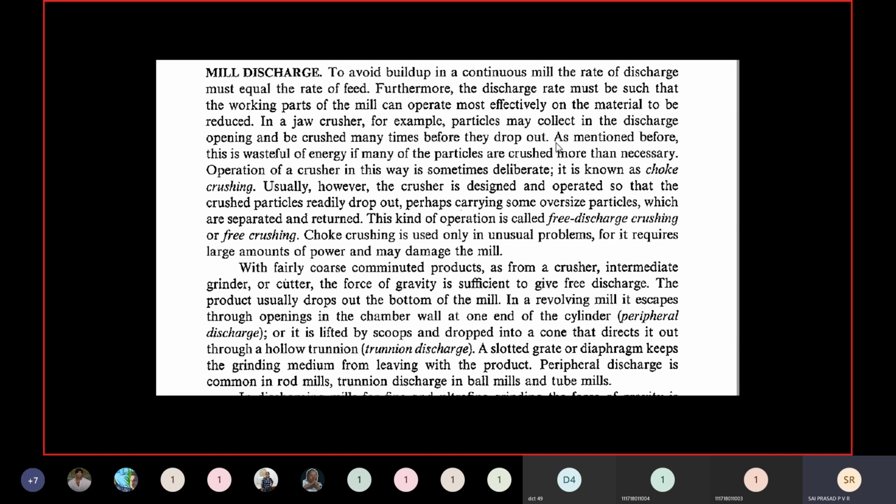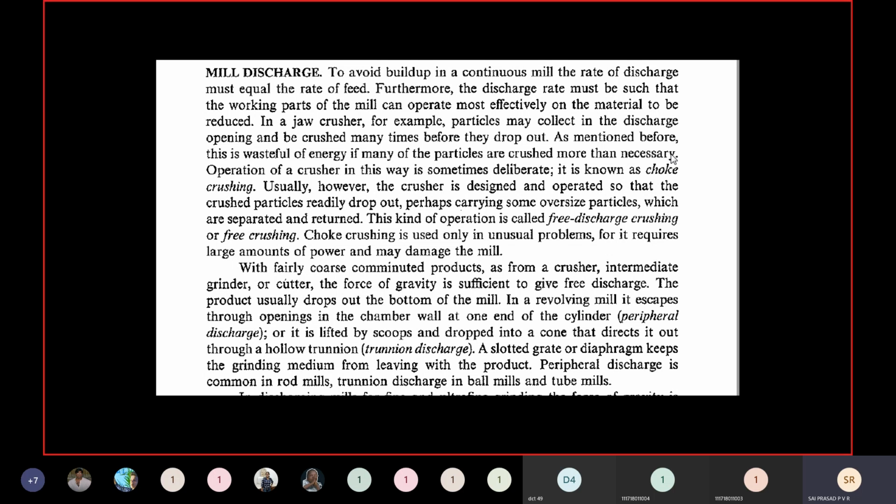Suppose all the particles are small enough so that they can pass through the bottom clear opening. Why would the particle stay inside the system? The gravitational forces will force it out, because apart from that, there is a continuous displacement there. From the top you are loading the particles, so they will be thrown out of the system. That is important. As mentioned before, this is wasteful of energy.